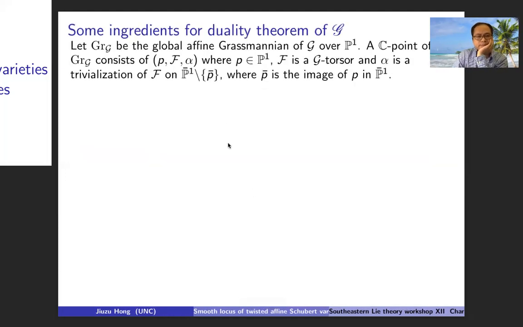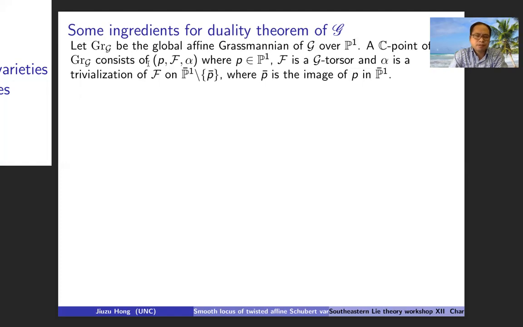Now let me explain some ingredients for the duality theorem for the local parahoric group scheme. One can construct the global affine Grassmannian for this Bruhat-Tits group scheme over P1. Let me describe a C-point of this global affine Grassmannian.